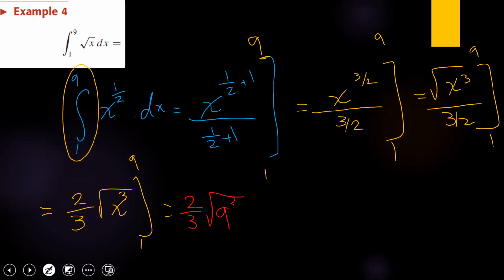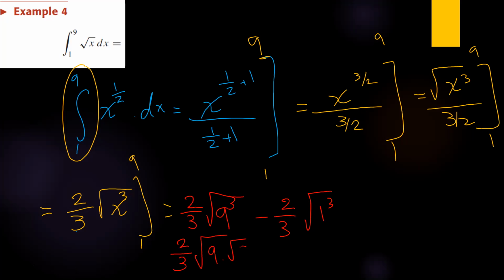It's 9 cubic minus 2 over 3 square root of 1 cubic. Now, after that, 9 cubic, that means I have 2 over 3 times 9 times 9 times 9.